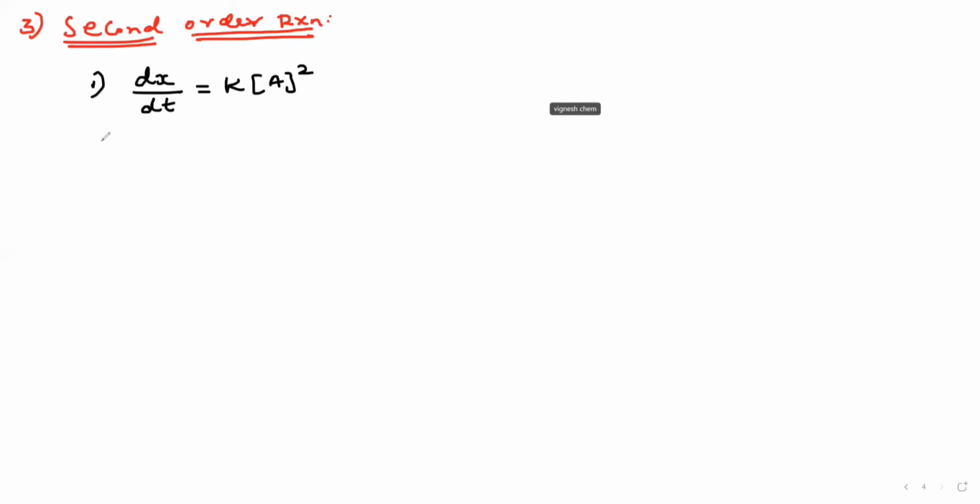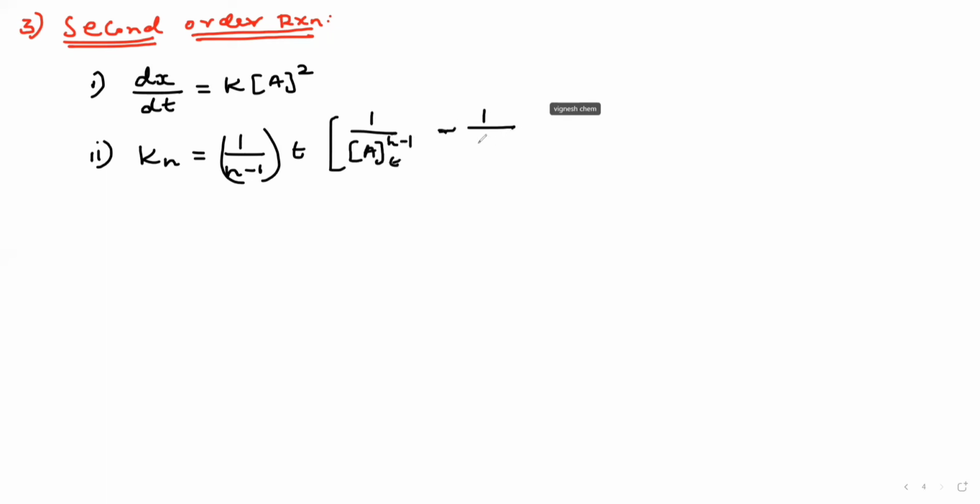Next, the general equation: Kn is equal to 1 by (n minus 1) into t, into 1 by (At)^(n-1) minus 1 by (A0)^(n-1).